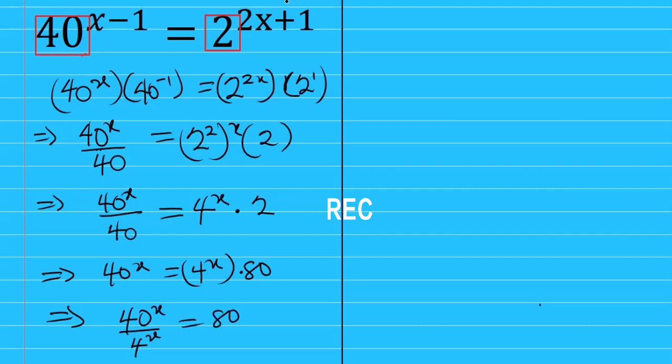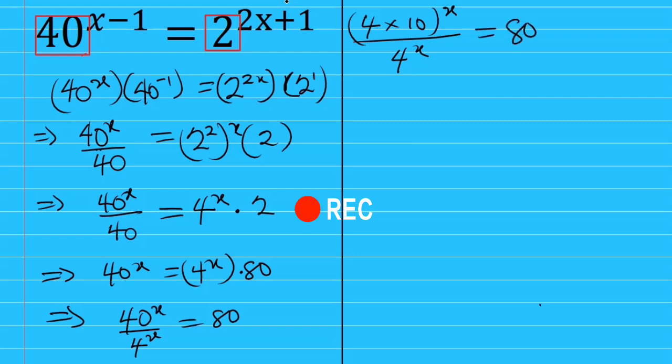So equals 80. Okay, you realize that we can do something about the 40, because 40 is the same as 4 times 10. So 40 to the power x can be written as 4 times 10 to the power x, divided by 4 to the power x, equals 80.